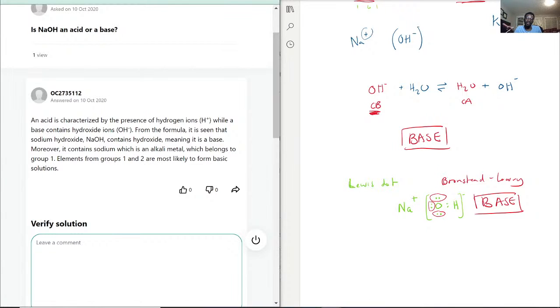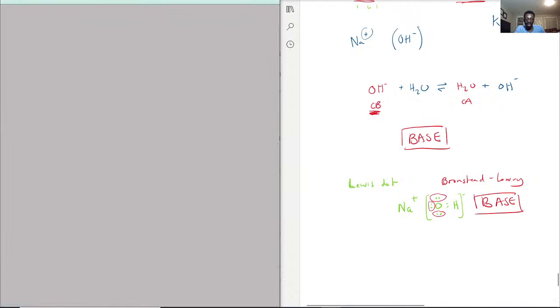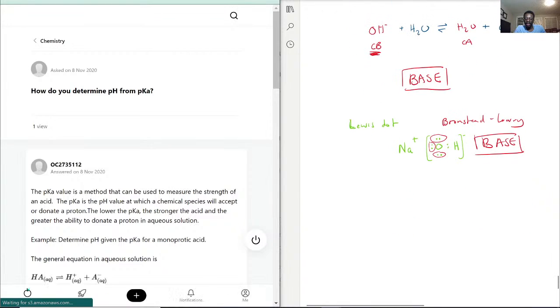Things like calcium and other group 2 elements have a harder time dissociating, but sodium especially likes to dissociate a lot. This is still correct though, they were able to answer that question. So they just put that, and now I think this is a good time to stop here for today.